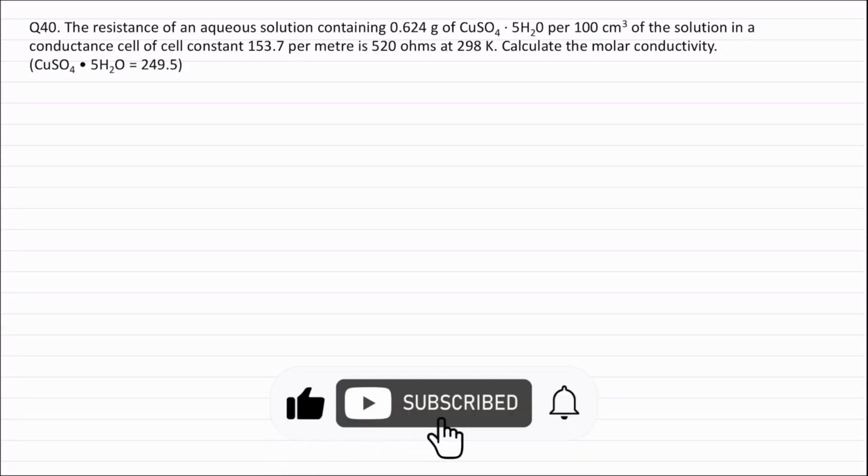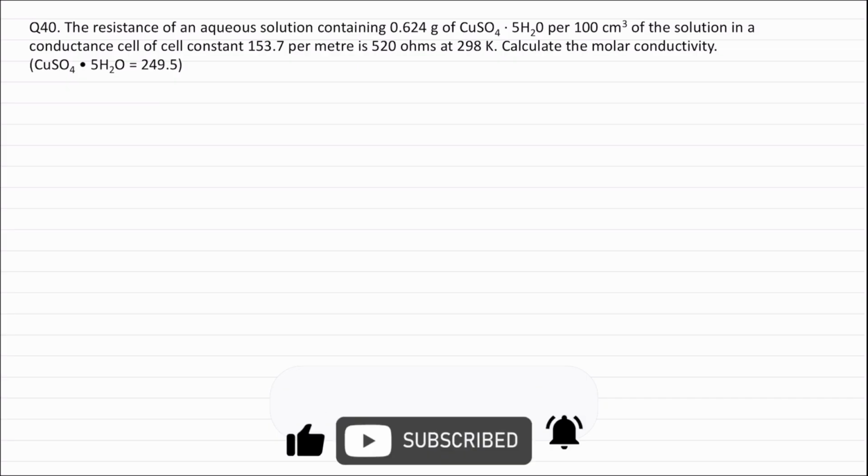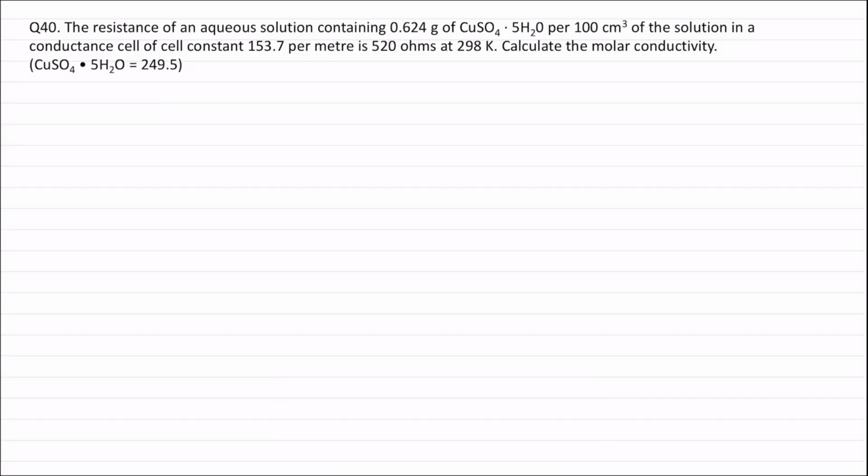Question 40. The resistance of an aqueous solution containing 0.624 gram of copper sulfate 5H2O per 100 centimeter cube of the solution in a conductance cell of cell constant 153.7 per meter is 520 ohms at 298 Kelvin.